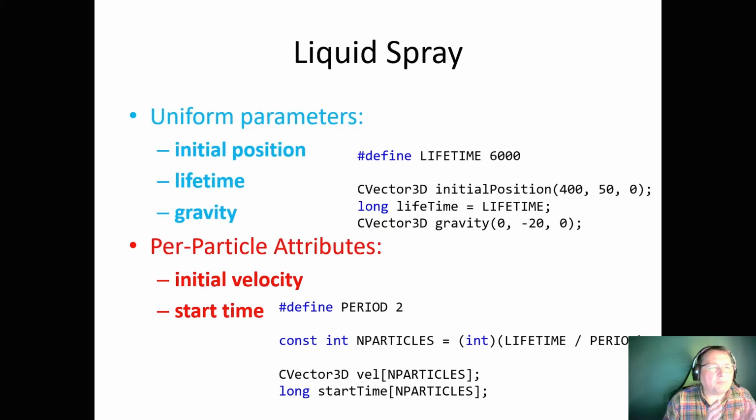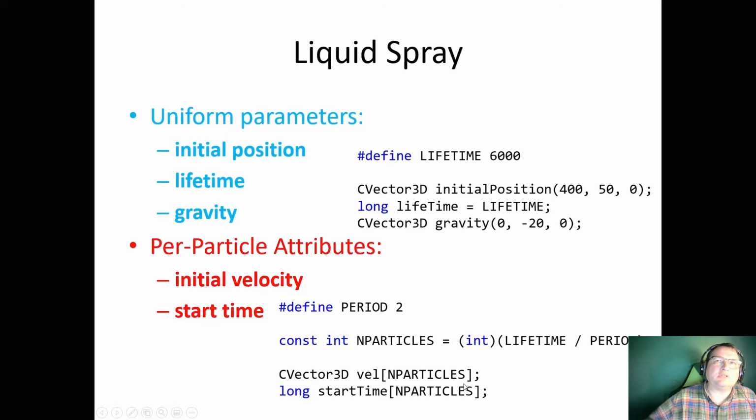So the particle attributes can be provided in the form of arrays of the length of n particles. This define or constant keeps the number of particles. So the velocity will be represented as an array of 3000, in this case, three-dimensional vectors.